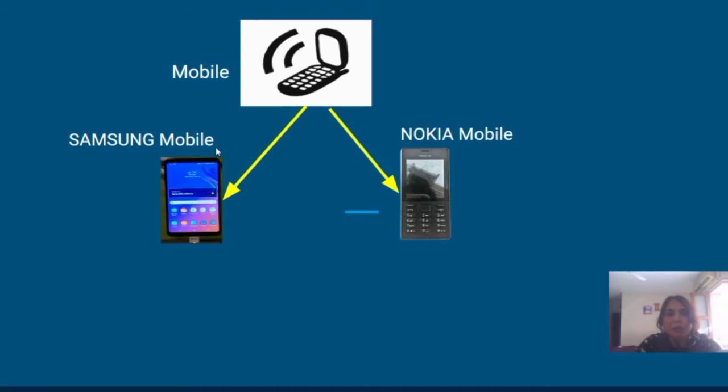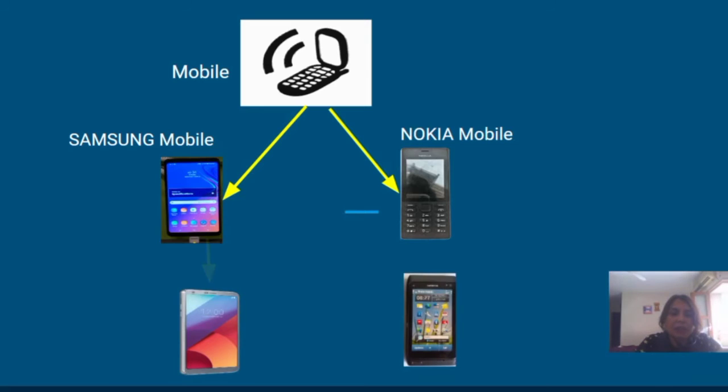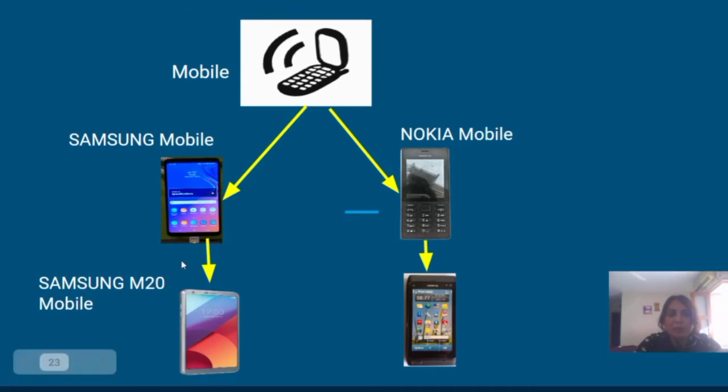The Mobile parent, because there is Samsung Mobile and Nokia Mobile. Now here you can see subtypes from this Samsung Mobile company. They have launched one more mobile, known as the Samsung M20. This is a child of Samsung Mobile, because it inherited the previous Samsung Mobile properties plus its own properties.